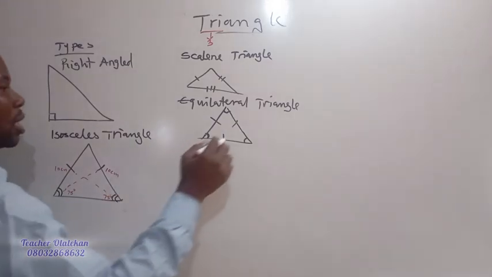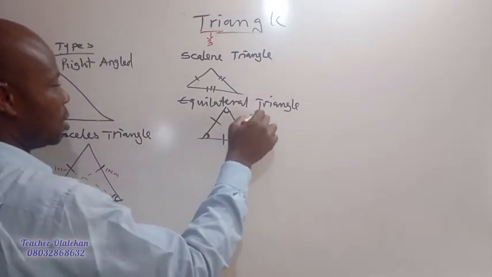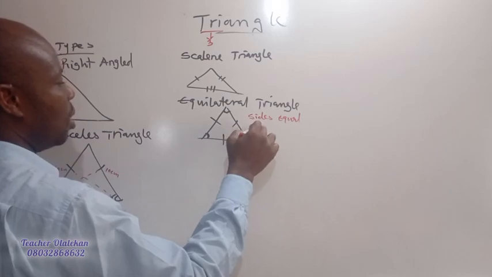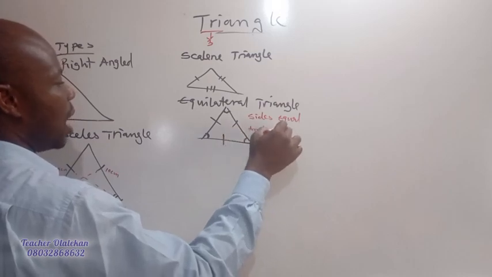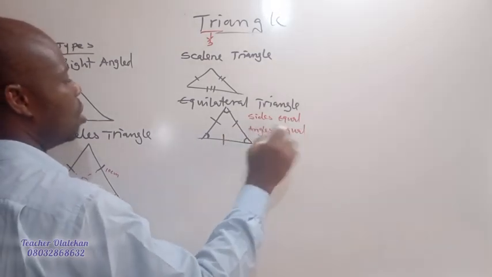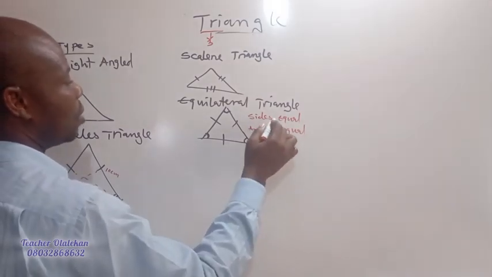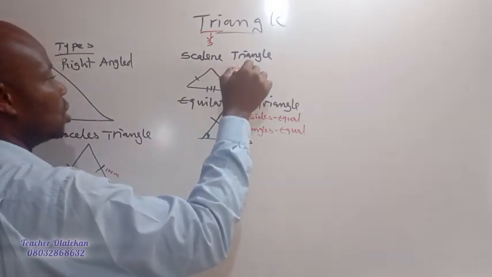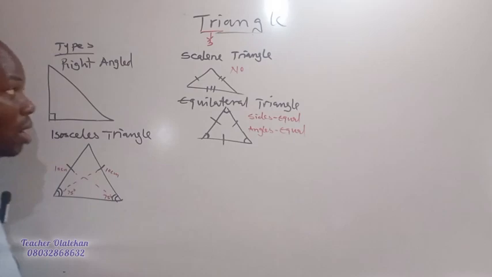So what happens here? Sides are what? Equal. And angles are what? Angles are equal. So all sides are equal, all angles are equal. But for the scalene triangle, no angle, no side is equal.